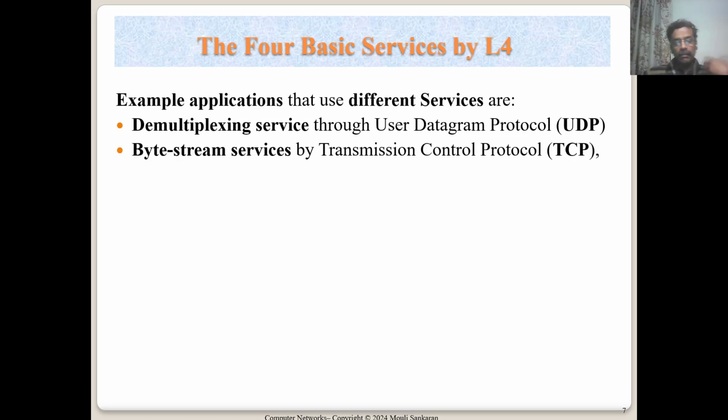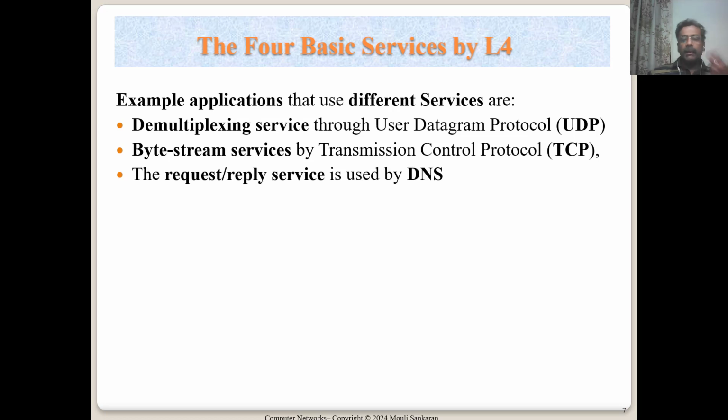You are not expecting a stream of information going here, whereas TCP is for byte stream services. You call it a byte stream because it could be a video or audio, or a movie which is being played, or a live telecast which is happening. Any of them fall into the byte stream service.